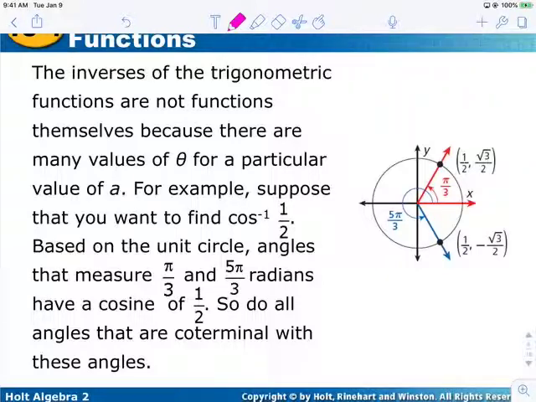What angle theta, such that when I take cosine of it, gives me a value of 1/2? Does that make sense? If you look at the unit circle, Mary, what angle, when I take cosine of it, will give me a value of 1/2?